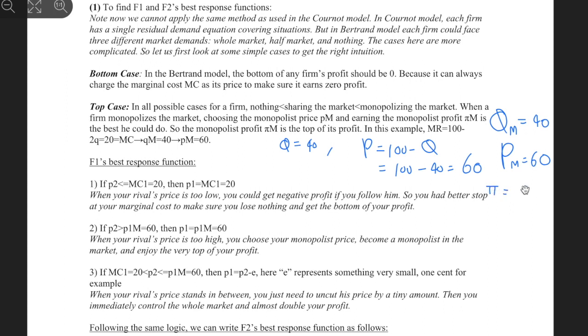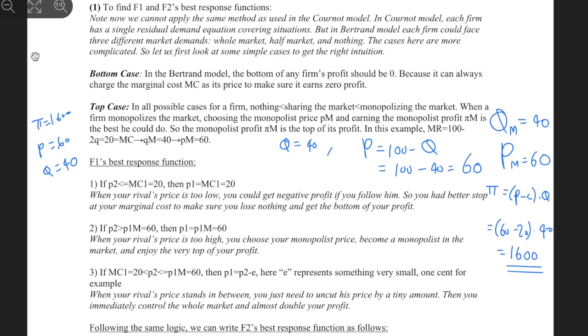And what about the profit? Profit is P minus C times Q. So we have 60 minus 20 times Q of 40, which is $1,600 profit if monopolizing. This is the best case scenario: the top case profit with P equals 60 and Q equals 40.